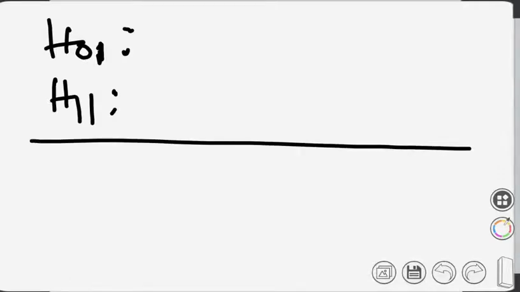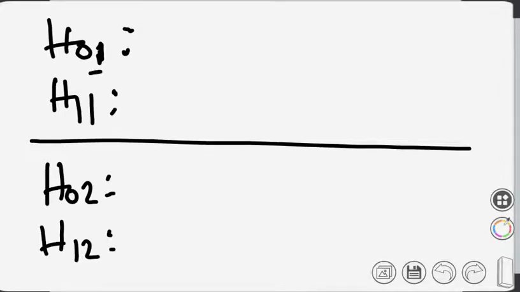So let's write. In this case, the first null hypothesis will be H01. Mind that, because there will be two null hypotheses. So H01 and H11 is the first null hypothesis, and the second one is H02 and H12. 0 means null hypothesis, 1 means alternate hypothesis.